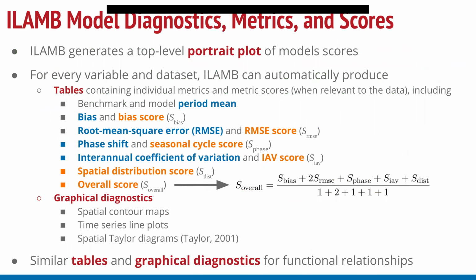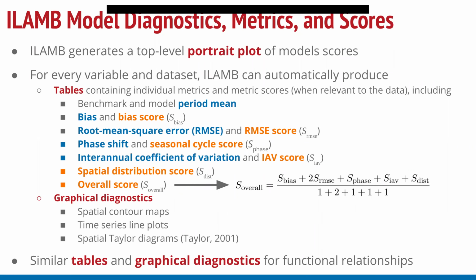Then, metrics and scores. It first generates a top-level portrait plot of relative model scores. Then for every variable and data set that we showed on the previous slide, ILAMB can automatically produce tables of metrics and metric scores, and that includes the period mean of the benchmark or reference data, as well as each of the models, a bias or a difference between the model and the observational benchmark, and a bias score that becomes associated with that bias.